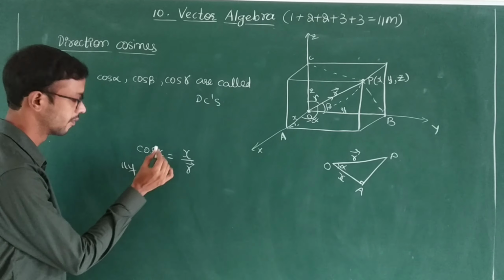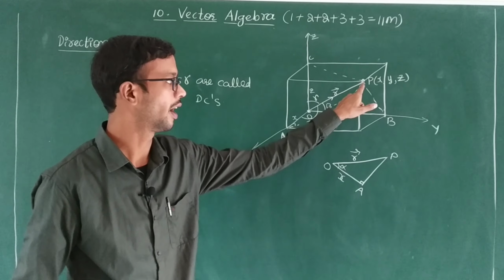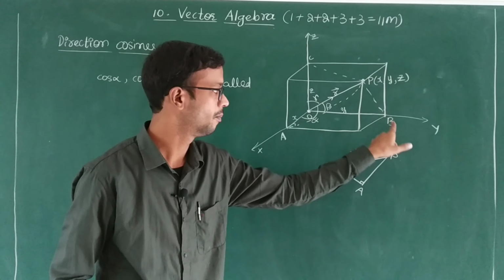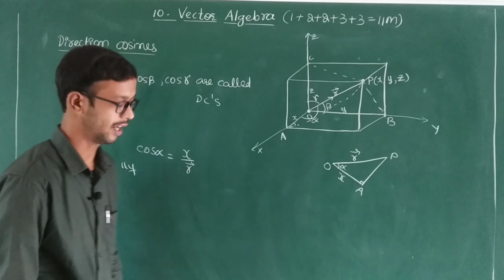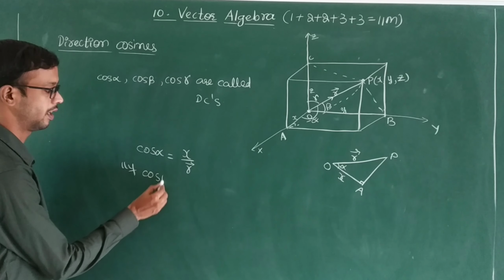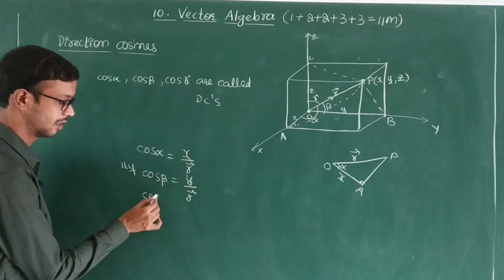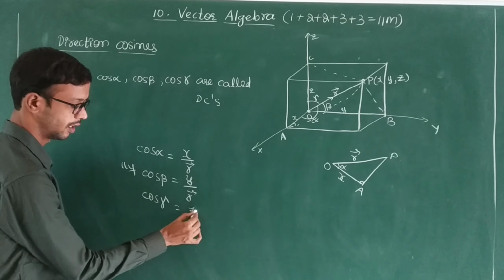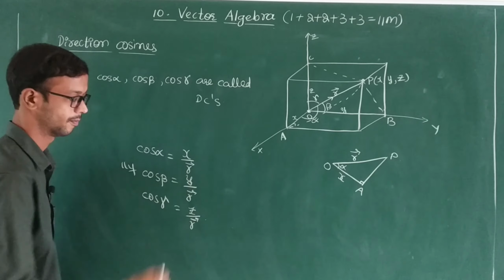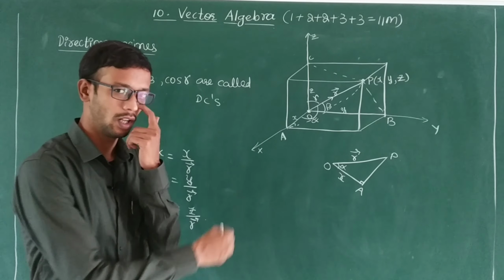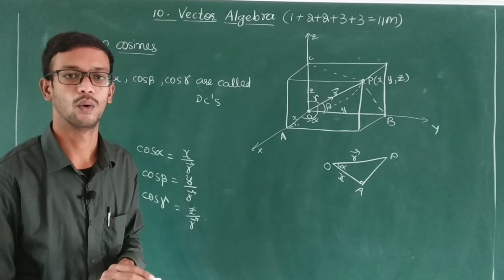Similarly, if we take triangle OPB, we get cos beta equals y by r bar, and cos gamma equals z by r bar. These values are called direction cosines.